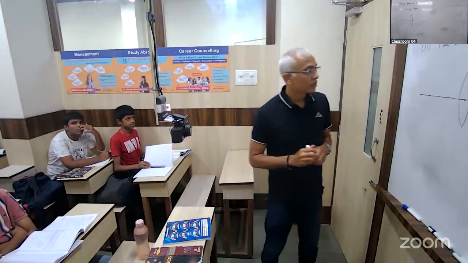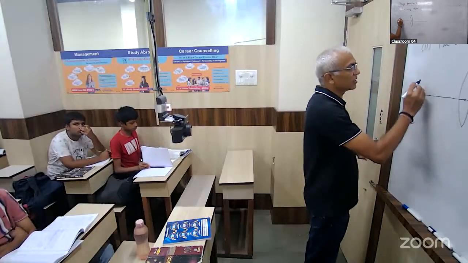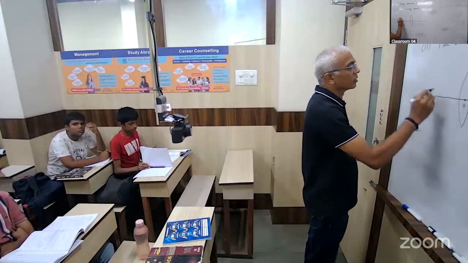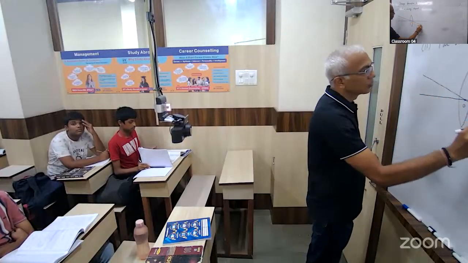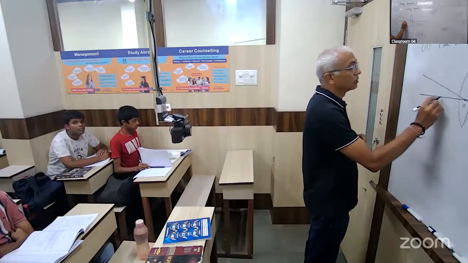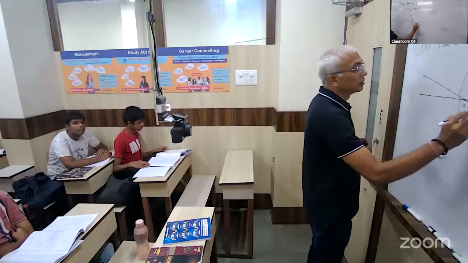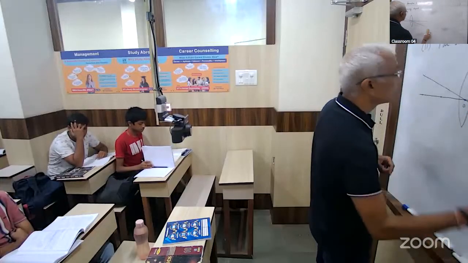Okay, so they are parallel to each other, but they are not parallel to principal axis. In such cases, what you do is, you draw first the ray passing through O, right? Of course, you have the focus marked on both sides, focus and center of curvature.